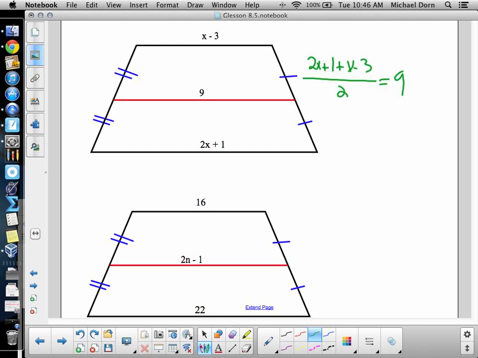And to solve this, we have to use our algebra skills a little bit. First, multiply both sides by 2. That cancels out the division. That gets rid of the fractions. So 3x minus 2 is 18. And now we're good.